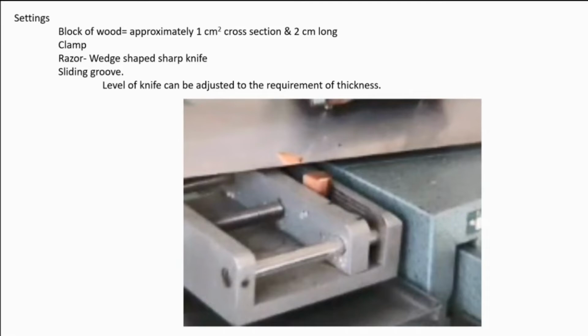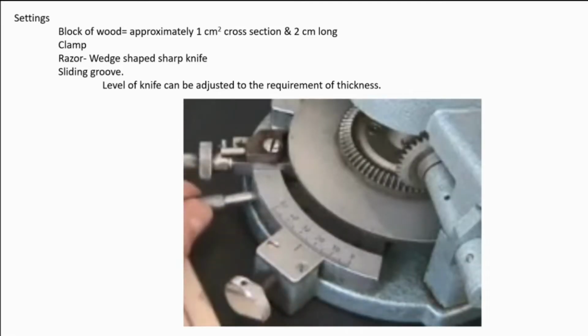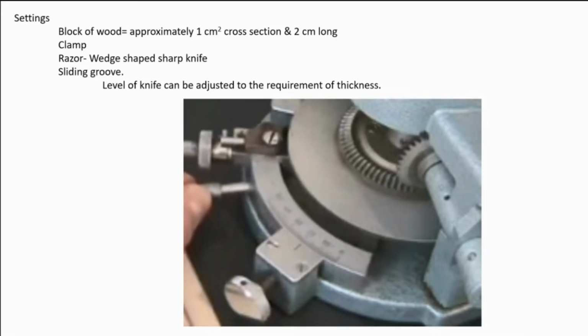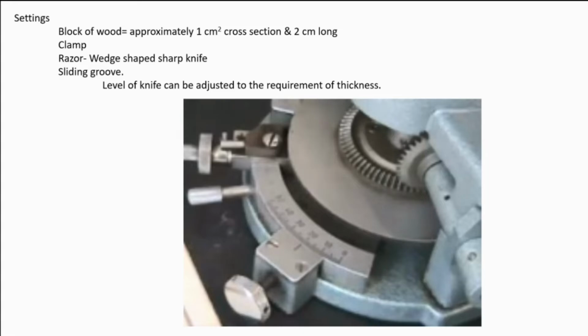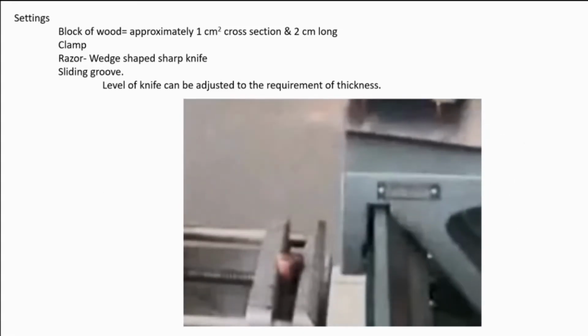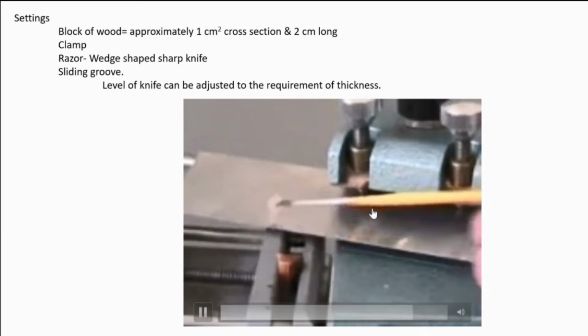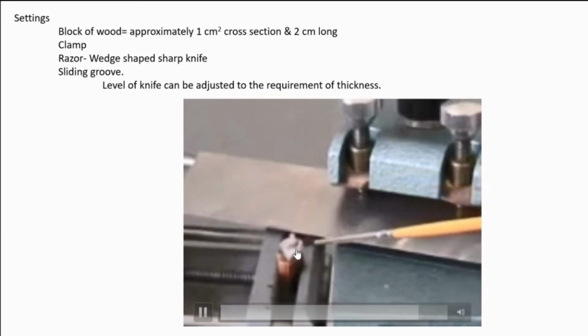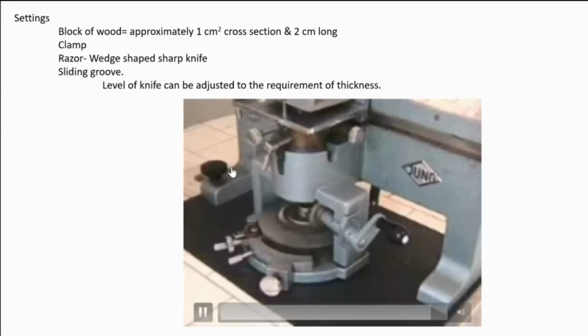In this way, the specimen is cut into thin sections, and here we can see a thin section very clearly. Okay, that's about the sledge microtome.